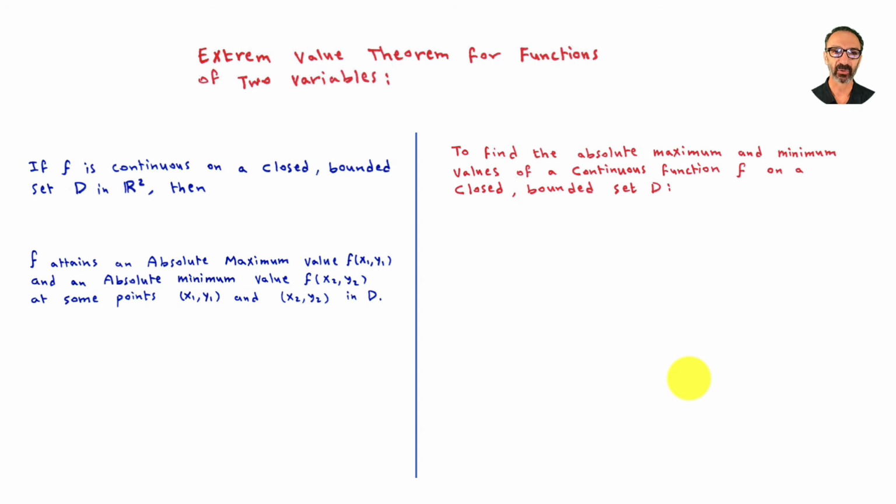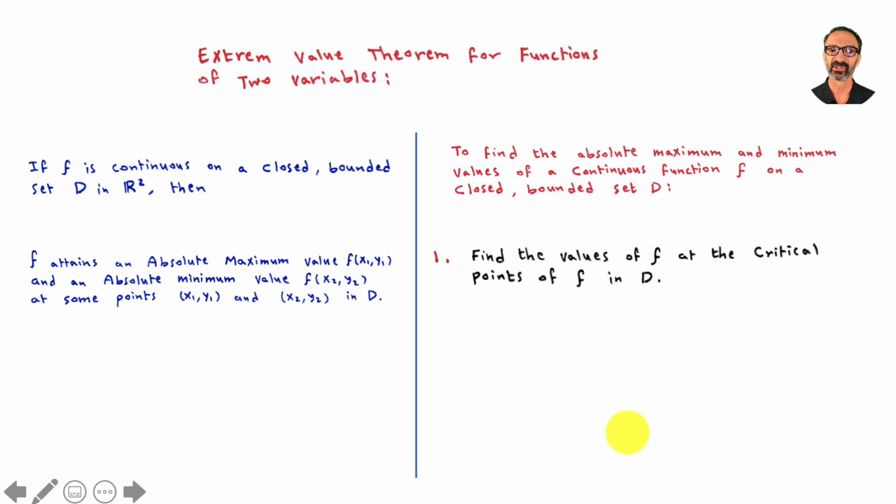values of a continuous function f on a closed bounded set D, step 1: find the values of f at the critical points in D, inside.